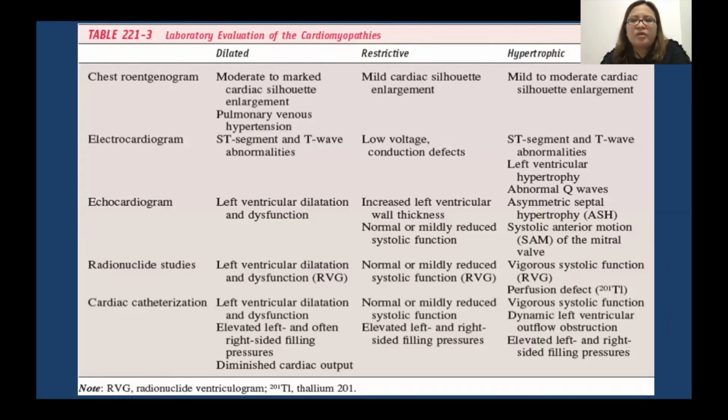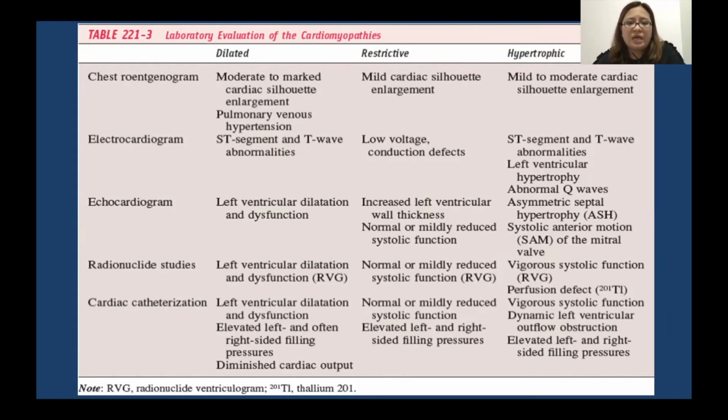And for hypertrophic, there is mild to moderate cardiac enlargement. ECG, both for dilated and hypertrophic, you can appreciate ST segment and T wave abnormalities. For restrictive, low voltage QRS complex and presence of conduction defects. LVH can be appreciated in hypertrophic cardiomyopathy with presence of abnormal Q waves.